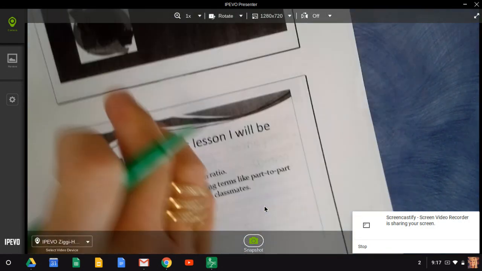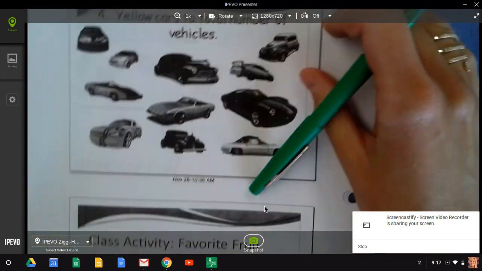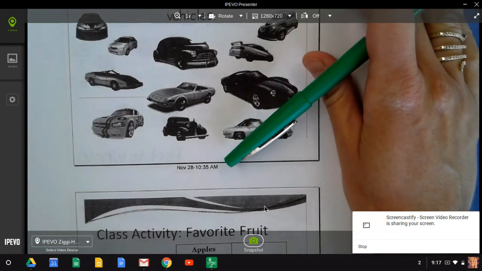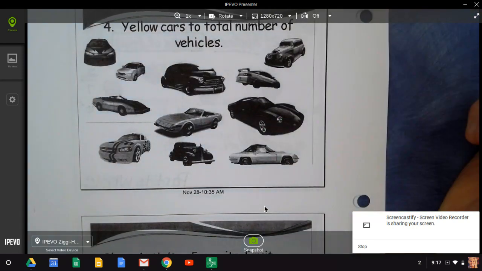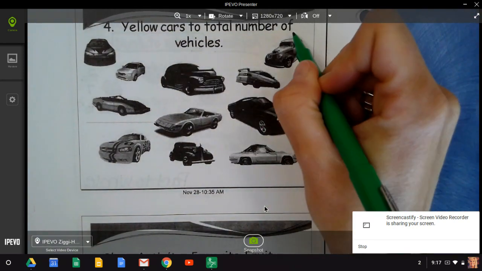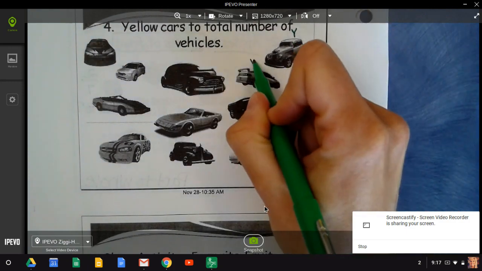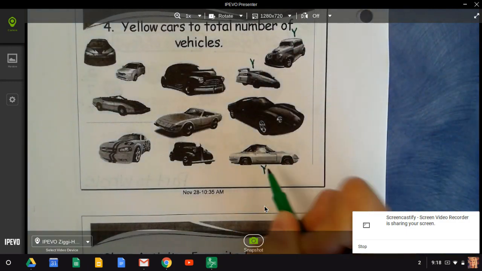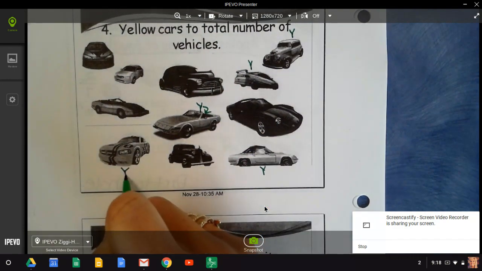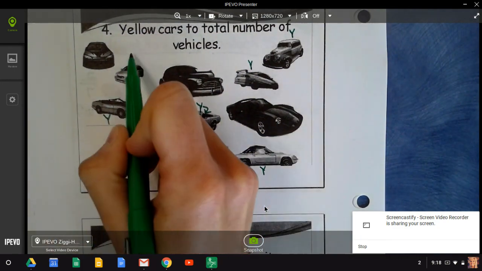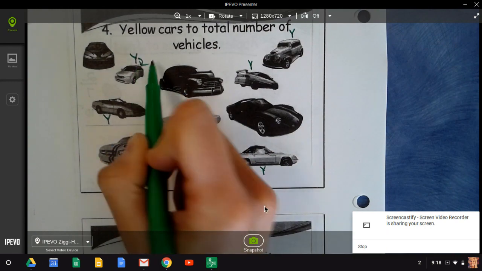Okay, so that's that. Now I want you to go to the last page and look at the yellow cars to the total number of vehicles. Now, you're probably wondering, well, which are yellow and which are red? I'm going to just put that above each one of these. So this is yellow, yellow, yellow. This one is yellow, yellow, yellow, and that's yellow.